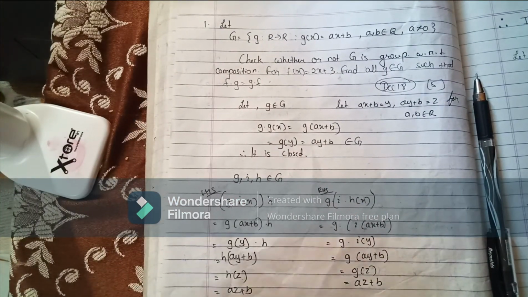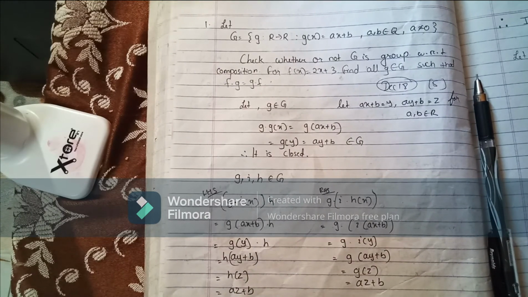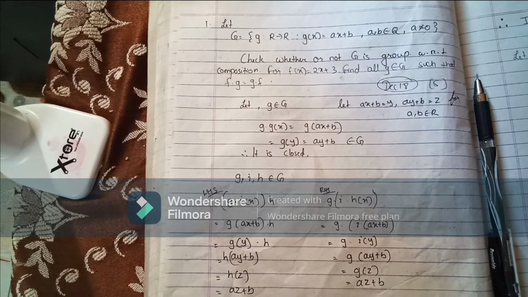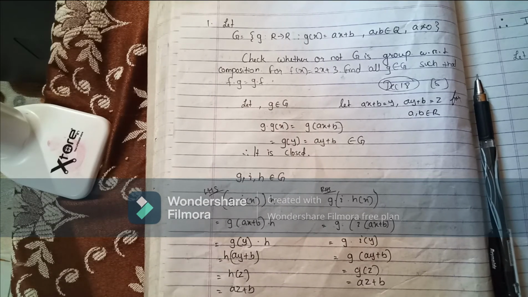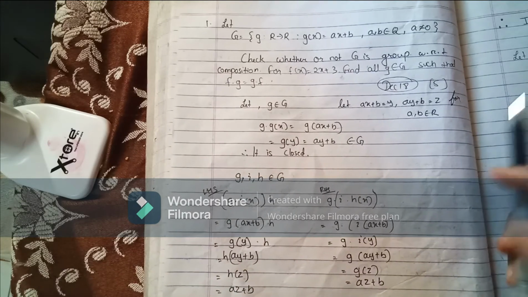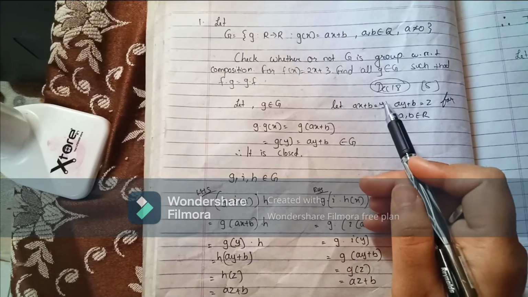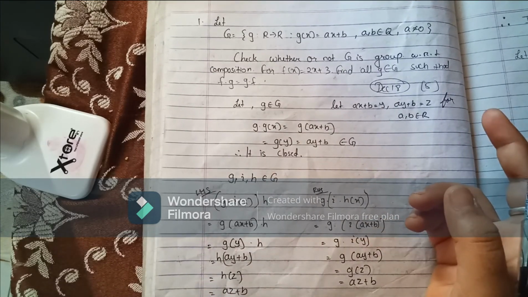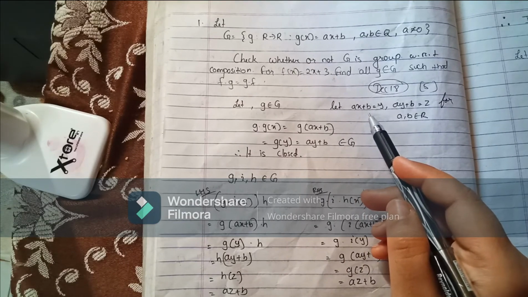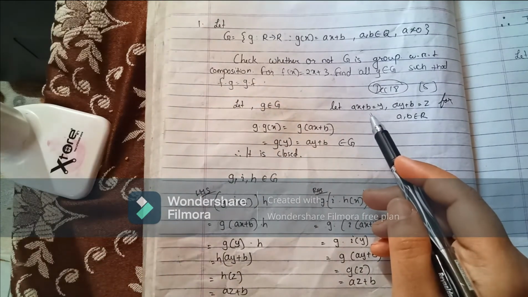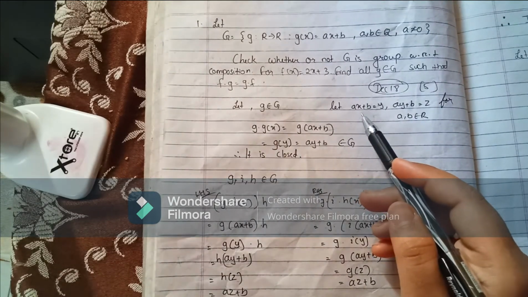Now first of all, it is not given that composition is a binary operation, so we have to check whether it is closed or not. So let g belong to capital G, and ax plus b is equal to y, ay plus b is equal to z, and here y and z will obviously belong to the real numbers because a and b belong to the real numbers. Q is a subset of the real numbers, and x also belongs to the real numbers.